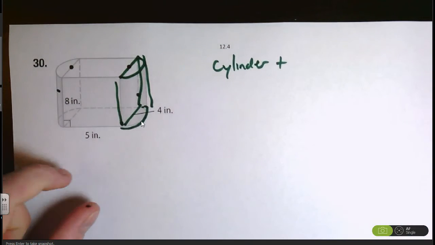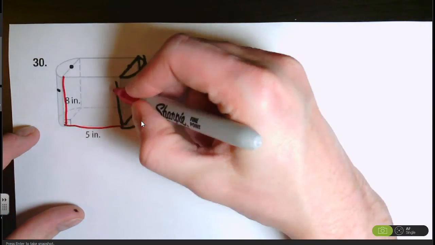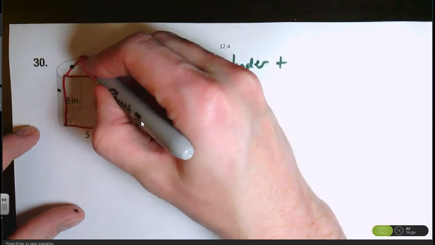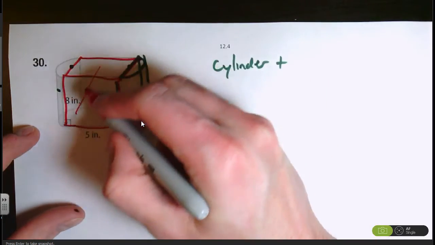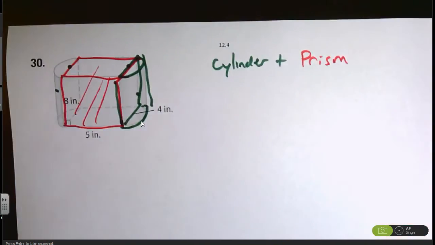But then on the inside, we also have this prism. So we have a cylinder plus a prism. Well, cylinder is pi r squared h.